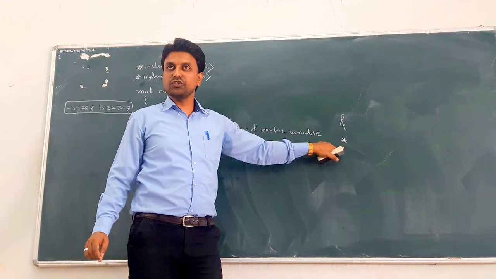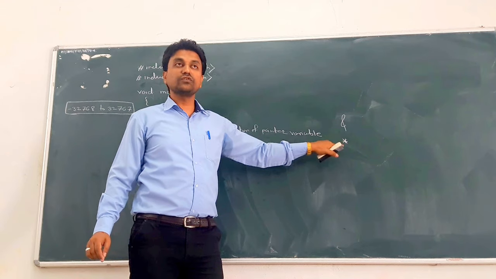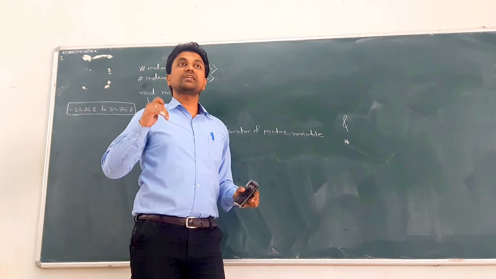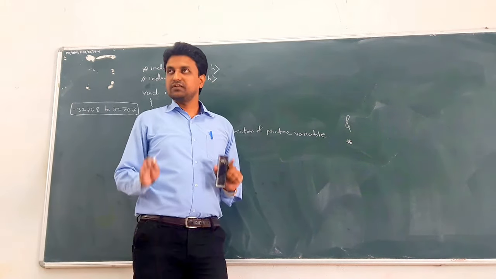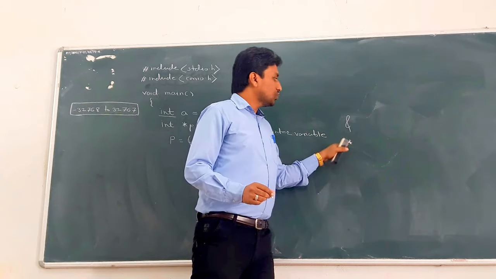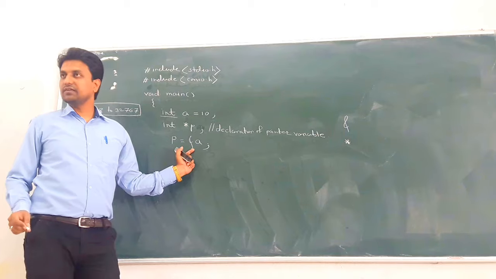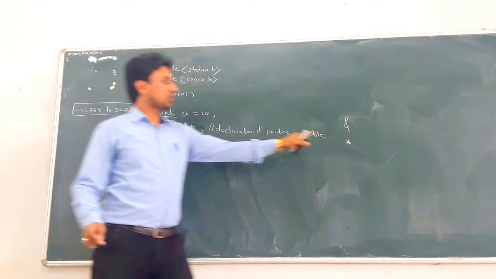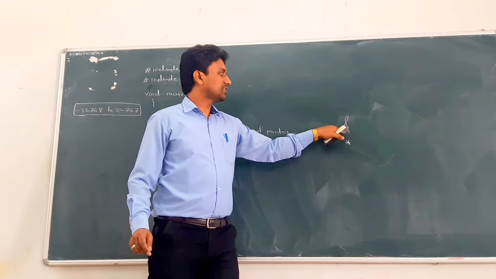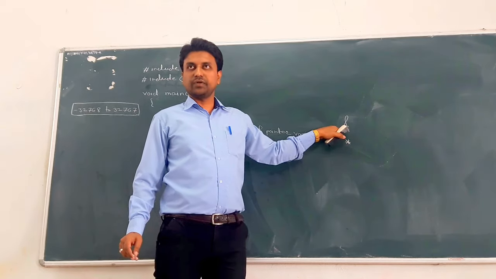And what does it do? Actually it gives you the value at the address location. So these are the two different operators we always use while studying pointers. This is called the indirection operator and this is called the address of operator.